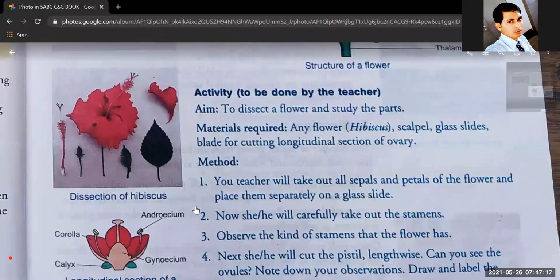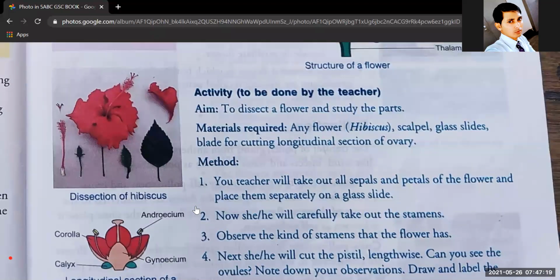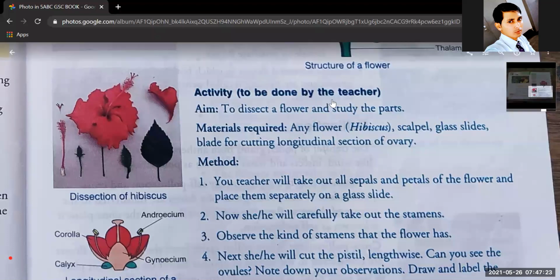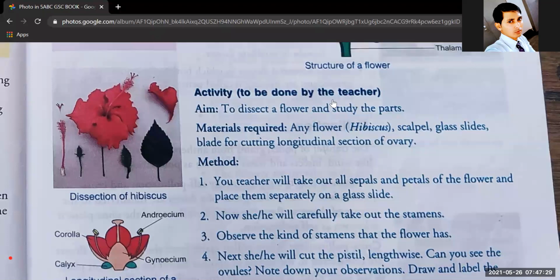Actually, you can understand in a better way when I explain this in the class, because this activity is to be done by the teacher only, meaning it should be done by me only. So when school reopens, I will make you understand in a better way, or else I will try to make an activity video for YouTube and upload it in your WhatsApp group or in campus care.